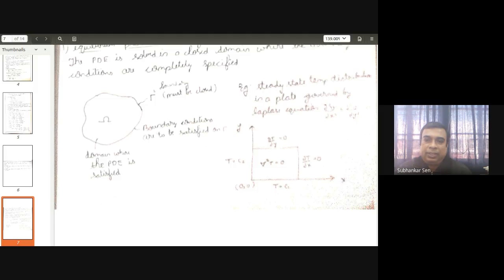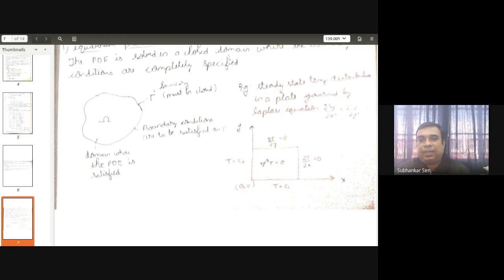So these are the Dirichlet boundaries. At every boundary, conditions are well defined. We have to find the temperature within the domain. This problem can be solved analytically, experimentally, or by using CFD. This is an example of an equilibrium problem. We don't need any initial condition because in this Laplace equation there is no time derivative.